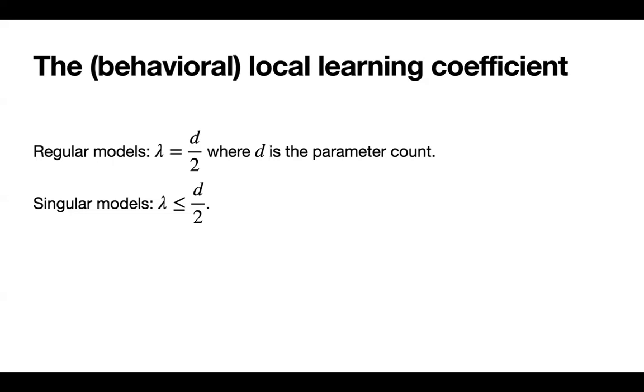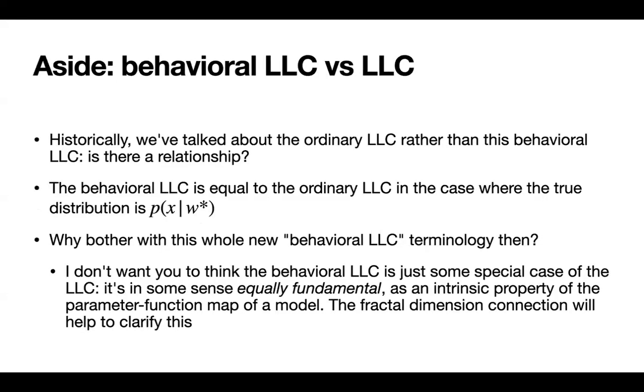And this can change depending on where you are in parameter space. This isn't a uniform measure across parameter space, but actually can change. And then I'm just going to briefly explain why I've introduced some of this new terminology here.